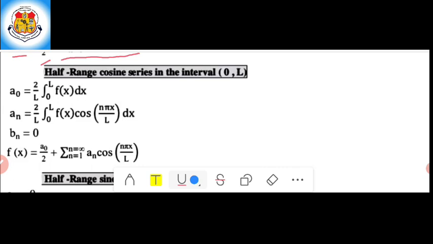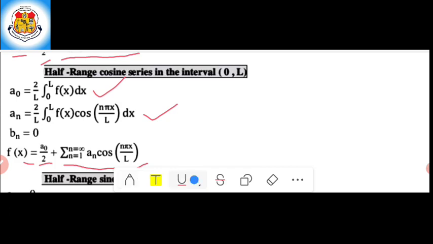And if you change the interval from 0 to pi to 0 to L, the half-range cosine series for a function f of x is f of x is equal to a0 by 2 plus summation n runs from 1 to infinity an cos n pi x upon L. The Fourier coefficients a0 and an can be determined by using the formula a0 is equal to 2 upon L integral 0 to L f of x dx, and an is determined by using the formula 2 upon L integral 0 to L f of x cos n pi x upon L dx.